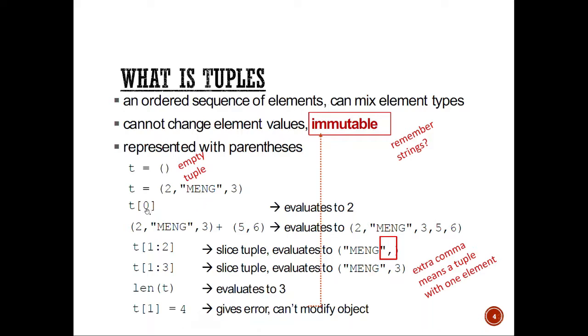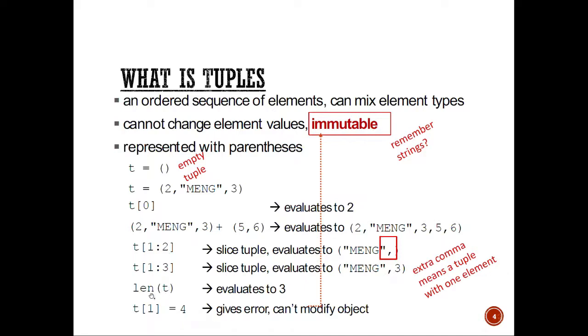If we try to access the tuple at index 0, which means the first element, we get the value of 2. We can actually concatenate tuples, so if we do this operation, this is the output. We can slice a tuple, that is, extract part of it.